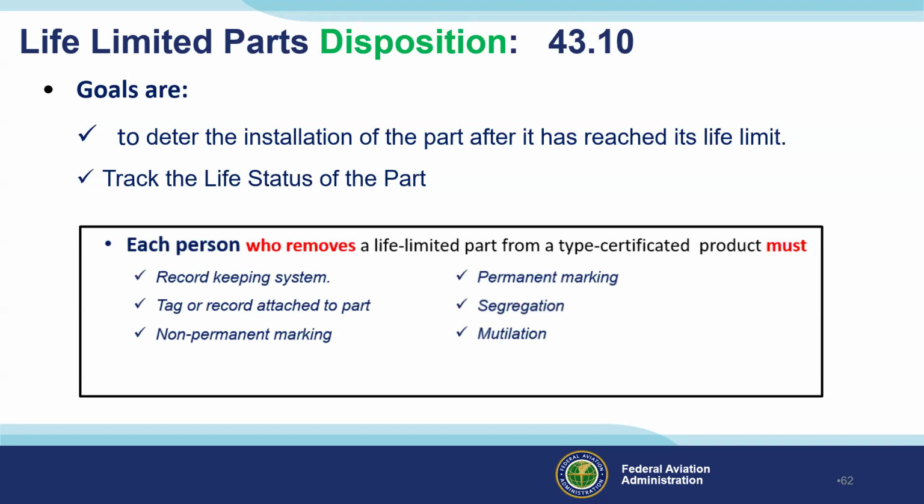And they list 6 different ways of complying with this. You can use a record keeping system. You can tag the part. You can use non-permanent marking, permanent marking, segregation, keeping the part segregated from other parts, or you can mutilate it so that it can never be installed.